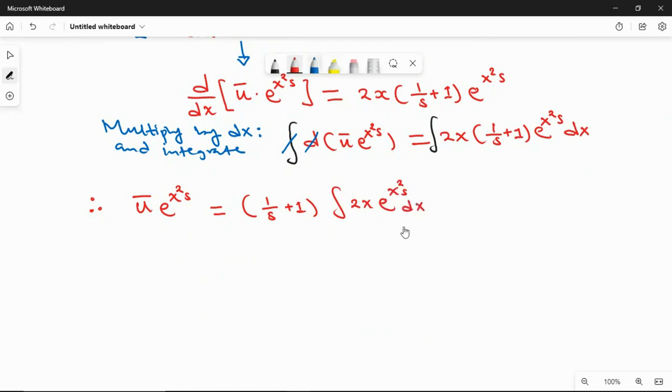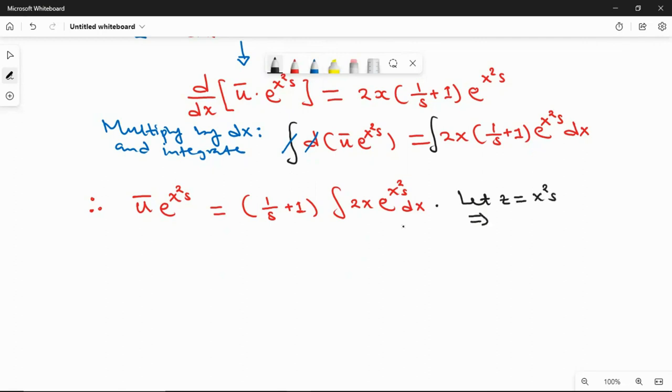So how do you integrate this? You are going to use u substitution, but now I cannot use u because we already have the variable u. We can just say let z be equal to x squared s.